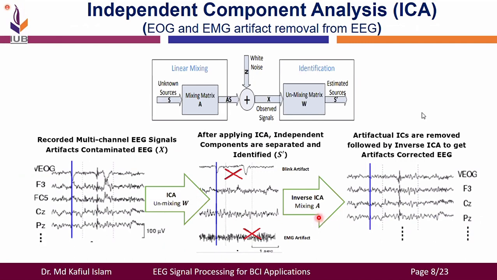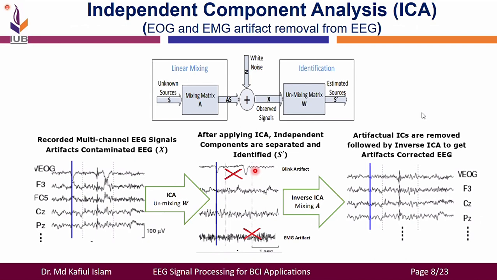Moving on, this is an independent component analysis technique where you can remove some of the global artifacts that appear in all the channels, right? So here is the multi-channel recording, but you can see there are some muscle artifacts as well as some eye blink artifacts. You unmix the signal by applying ICA, decomposing the signals into different independent components, and then you identify those components that are corrupted with artifacts.